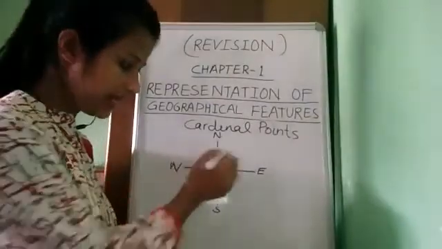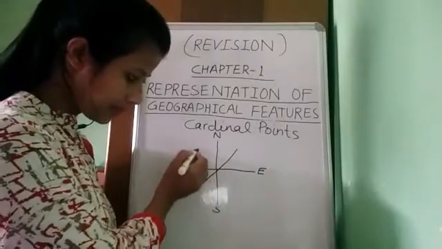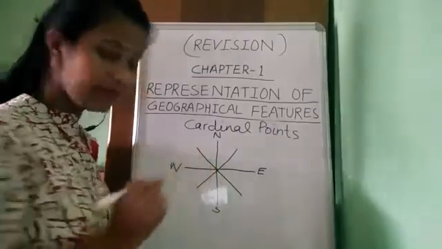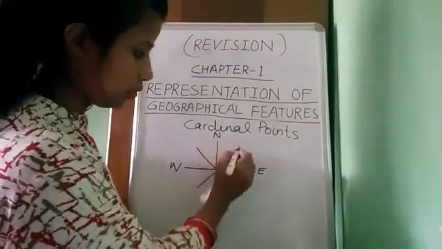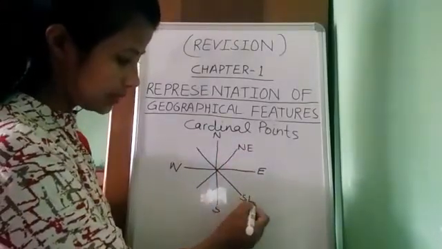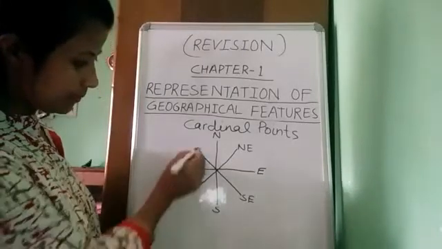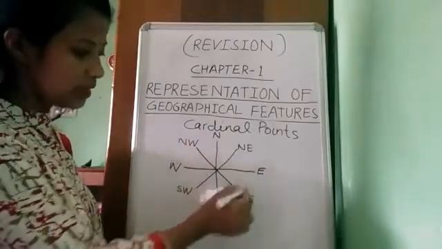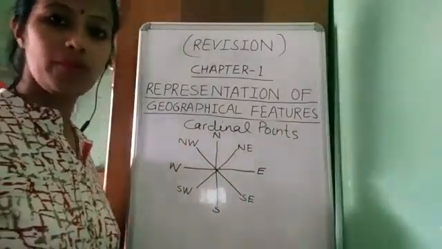And between these directions, they are called intermediate directions. Here northeast, southeast, southwest, and northwest. They are called subdirections or intermediate directions.